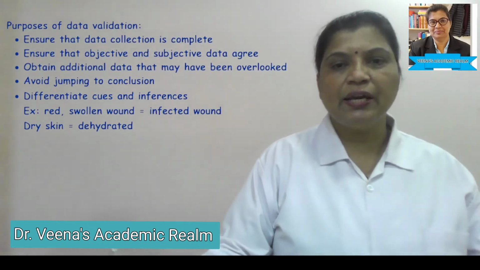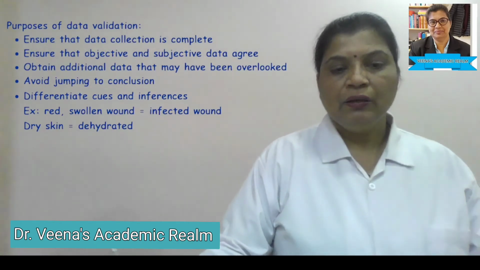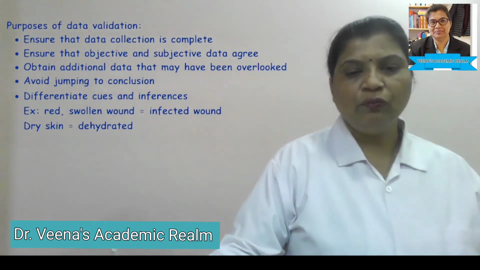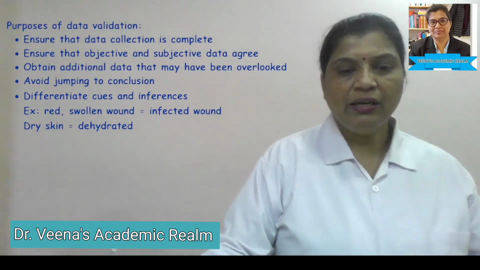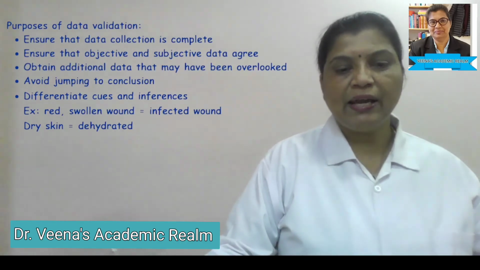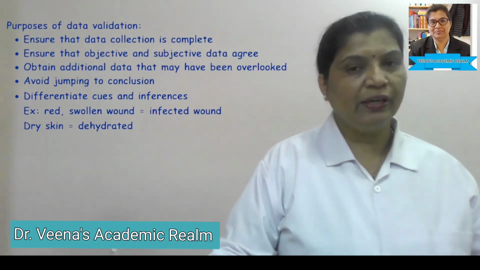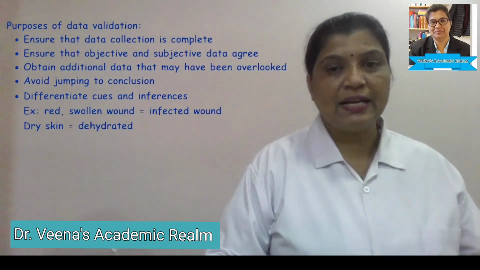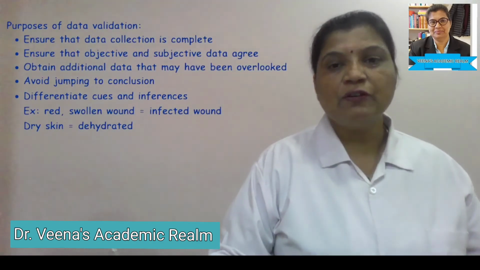So we need to segregate or separate the information. For example, here I have given a red swollen wound, where the patient has redness of the wound or swelling of the wound. So we can identify the patient has an infected wound, or pus is coming out from the wound, or there are chances of perforation or sepsis of the wound.